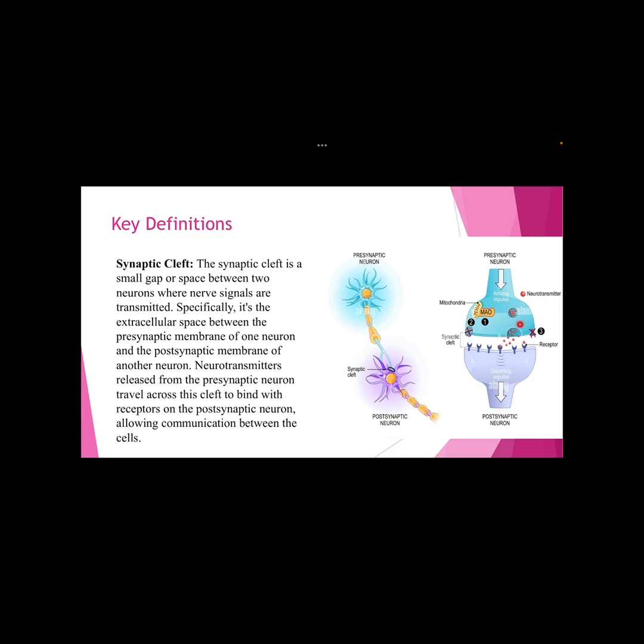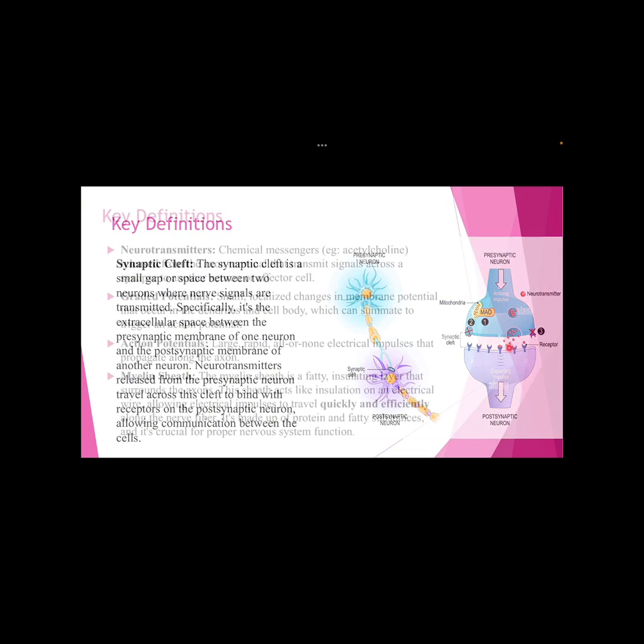It releases the neurotransmitters. Neurotransmitters will pass through this synaptic cleft and they will bind to receptors on the other neuron, which is called the postsynaptic neuron. So here we will have the dendrites of the second neuron where it will have the receptors for the neurotransmitters.